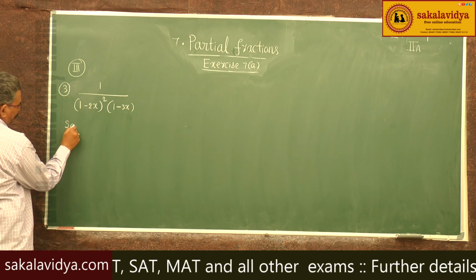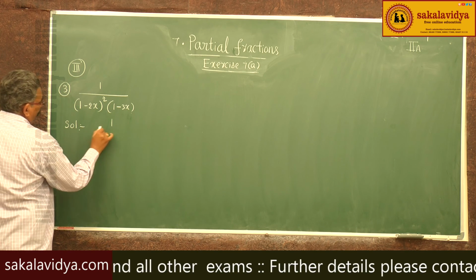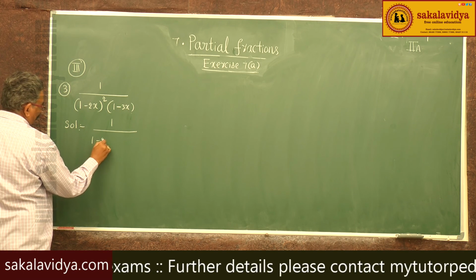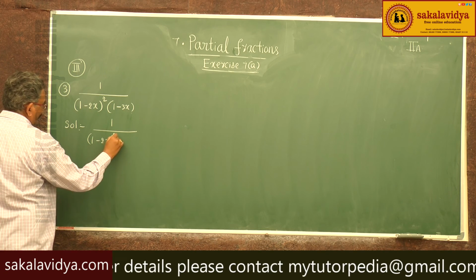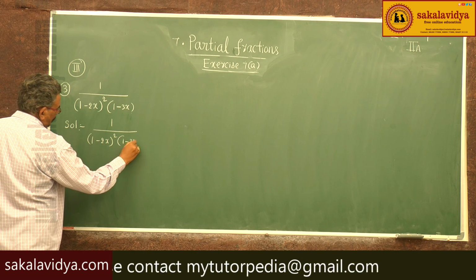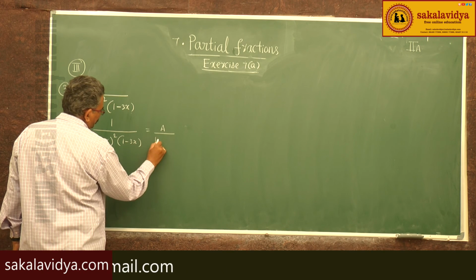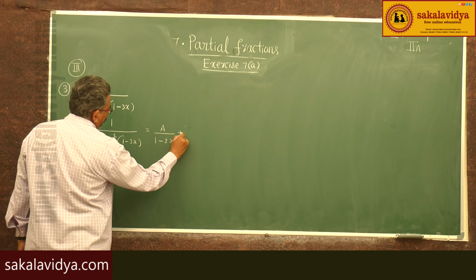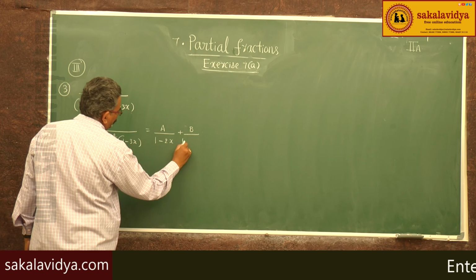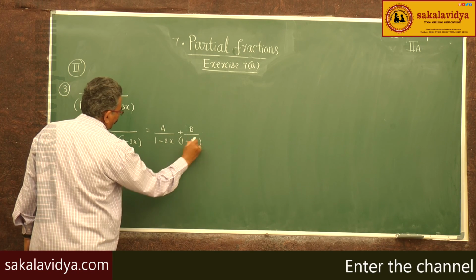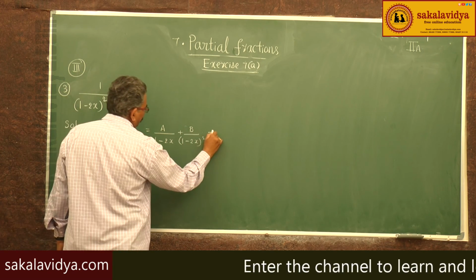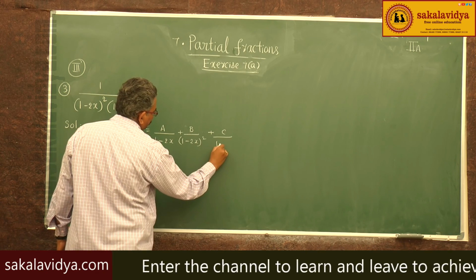Now, 1 by (1 minus 2x) whole square into (1 minus 3x) equals a by (1 minus 2x) plus b by (1 minus 2x) whole square plus c by (1 minus 3x).